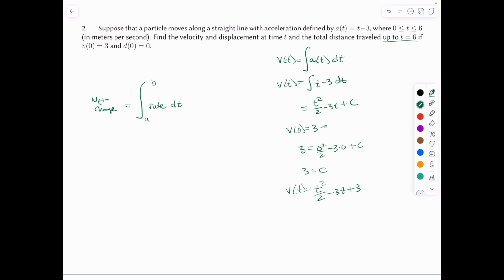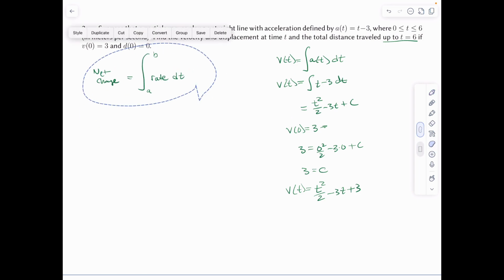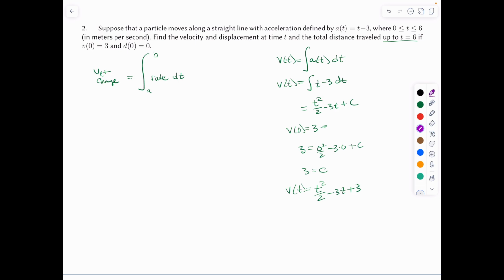Okay, now we can actually use the net change theorem. I mean, I guess I really did use that already. Maybe I should write it that way. Here, let me write it. Let me do this a second time. We'll get the same thing, but you'll actually see that I'm using the theorem.